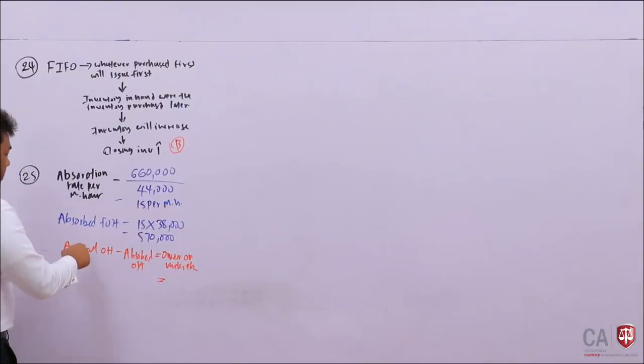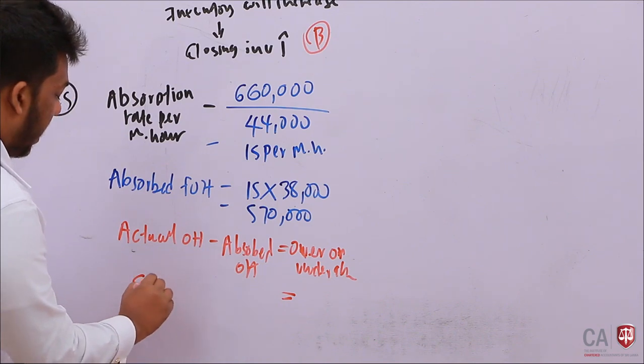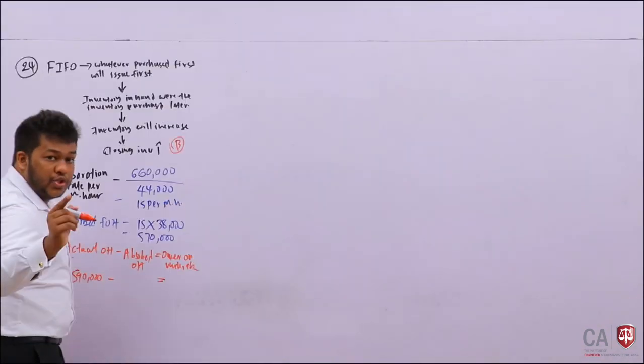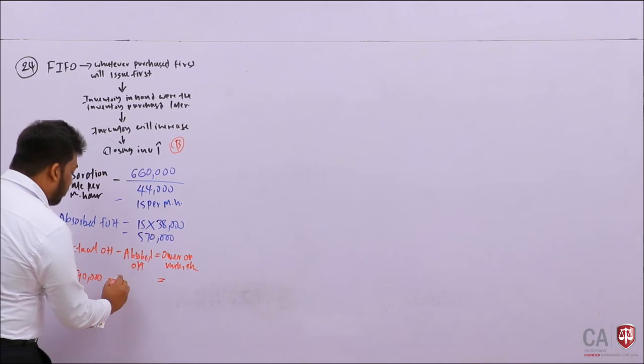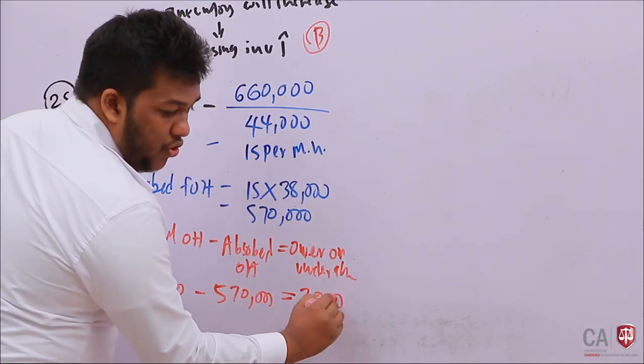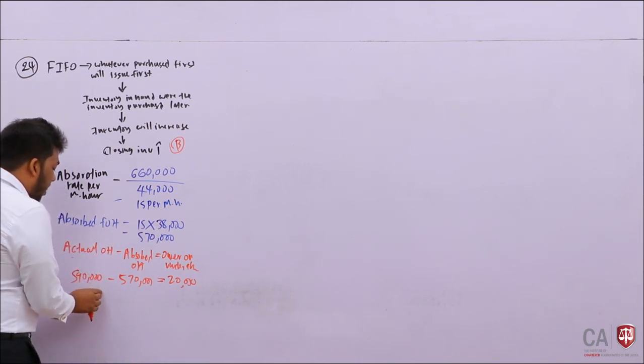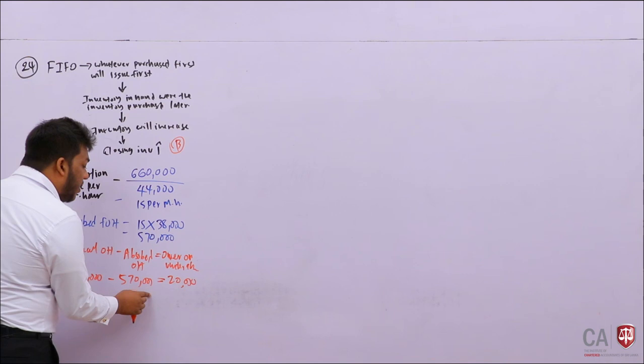So the actual overhead they have debited is 590. Absorbed overhead we have found is 570. So is this over or under? Under. Why? Actually 590, but you have allocated only 570.